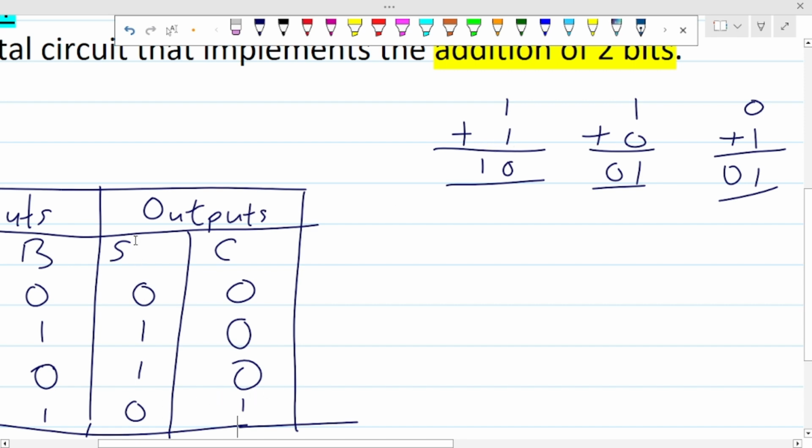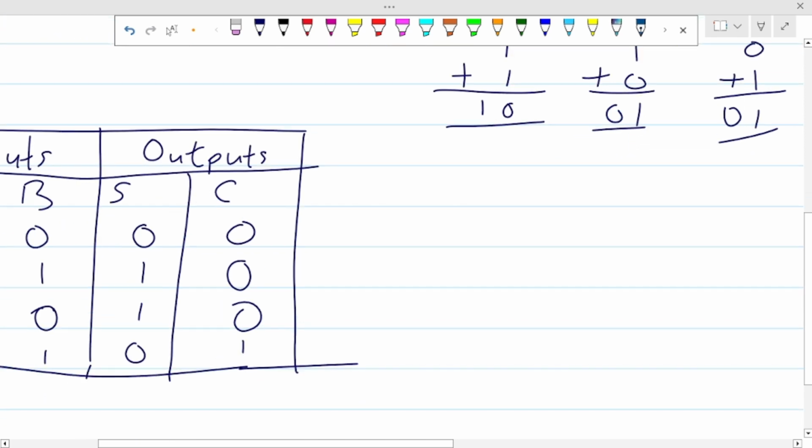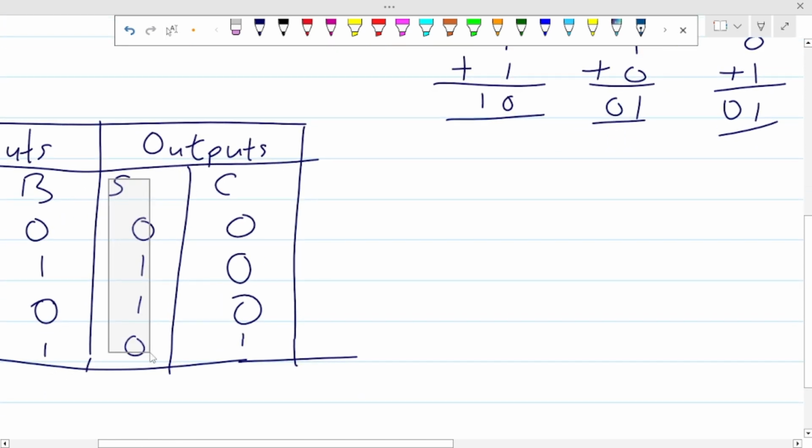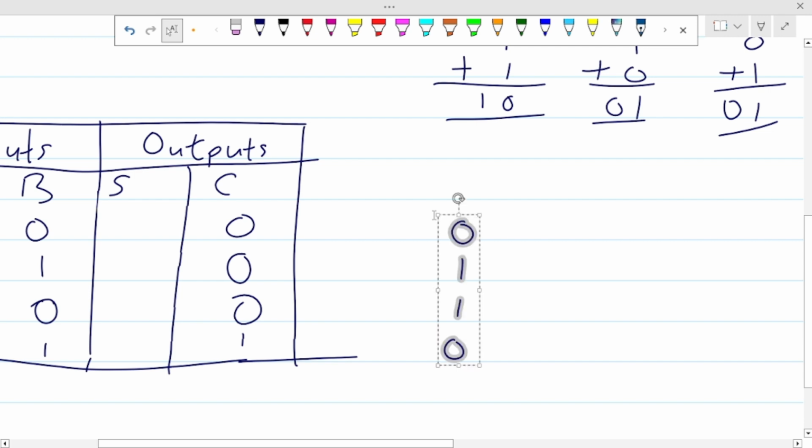But we understand that the answer should be here, and then this other part will be here. So maybe I have to switch the table so it will be easy to look at. Let me do that now.